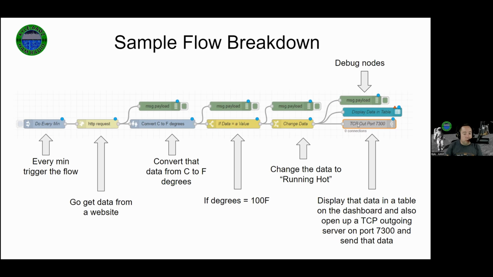But then also we created, let's say, a TCP port, and it's running on 7300, and we're going to shoot that out to maybe another Pi or something, to a specific IP on port 7300. So all of that stuff can be done in six, seven nodes, somewhere around there. And that's how you get data in and out of Node-RED and parsing data from whatever device you've got.